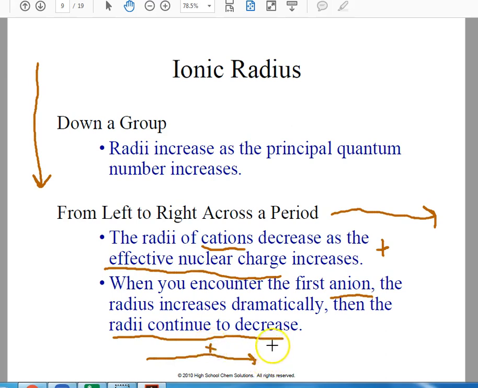And then the first anion is going to be really big, and then they'll get smaller again as you move across. So it's two different groups. The positive ones decrease across, the negative ones decrease across, but if you're comparing positive to negative, the negative are, of course, going to be larger because they've gained electrons, whereas the positive have lost those electrons.